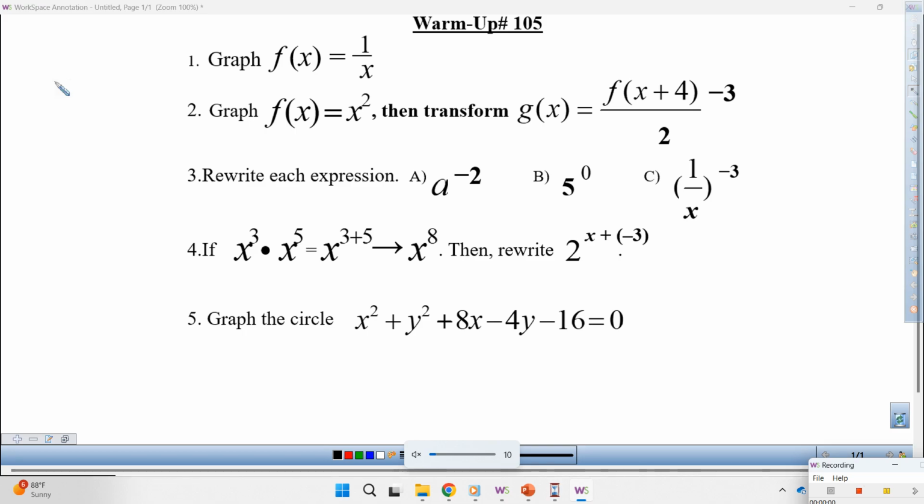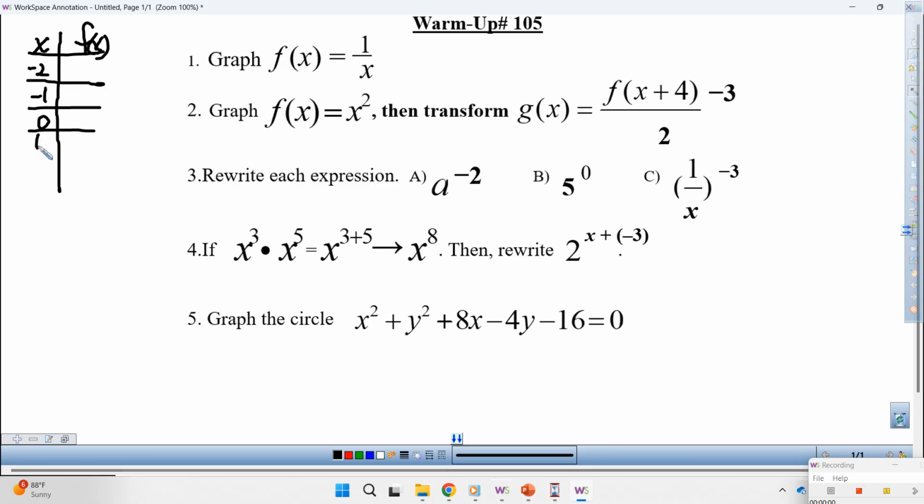Let's start with Caesar. What did you do? A table, x, f of x, and you said from what? Negative 2 to 2. And have you got that so far? Yes? All right, and what values do you get for f of x? All right, so far so good.